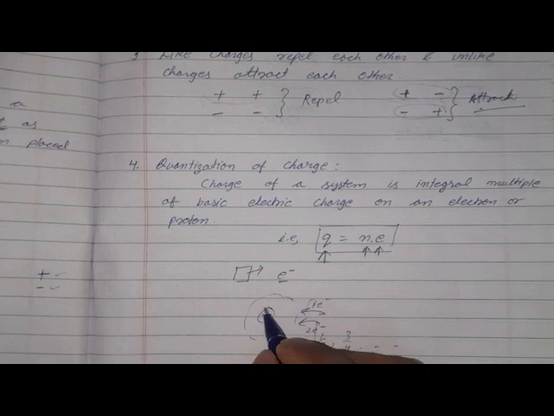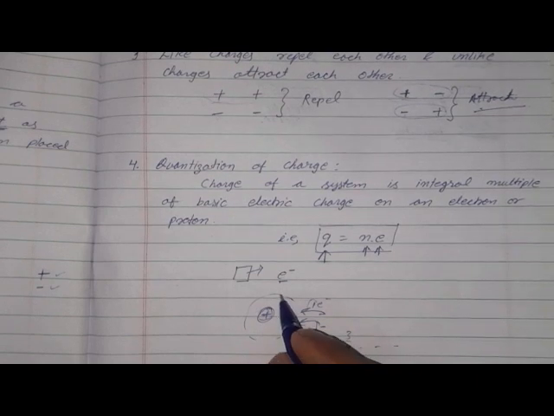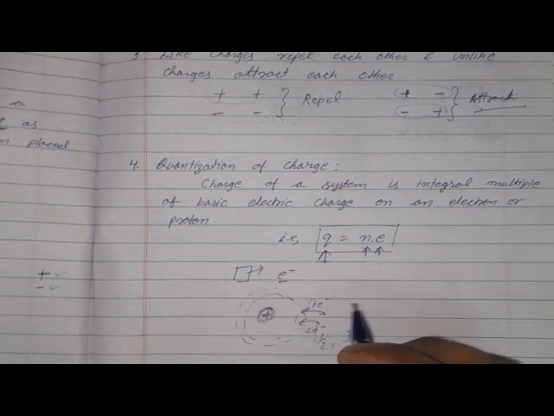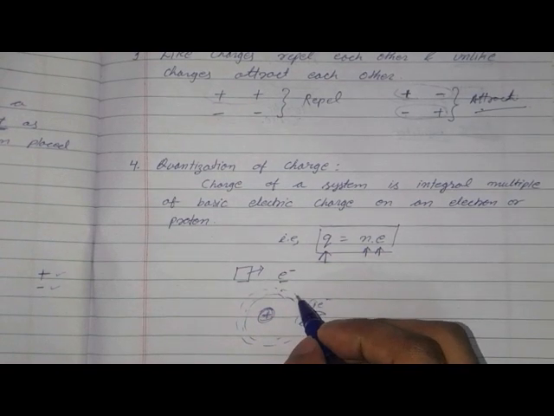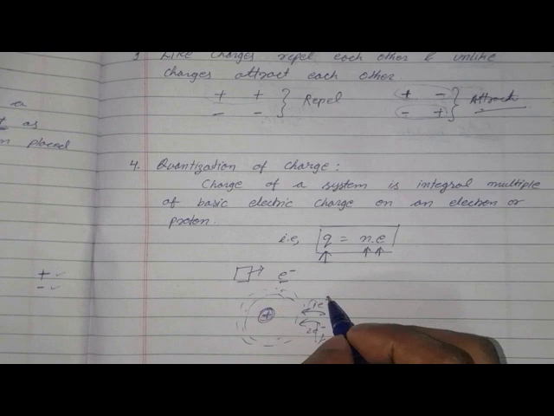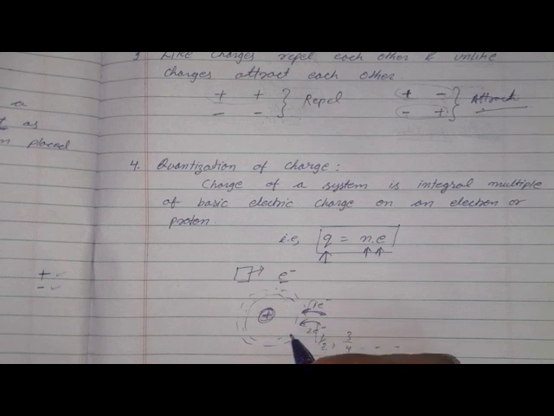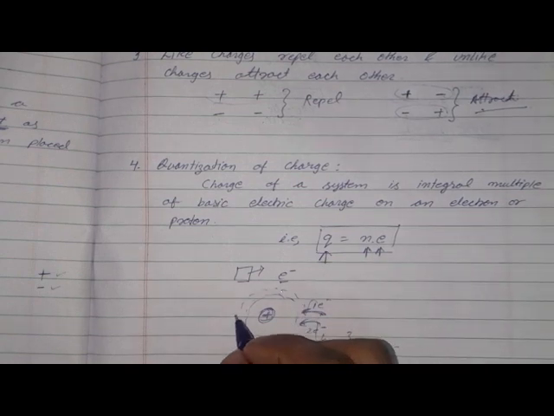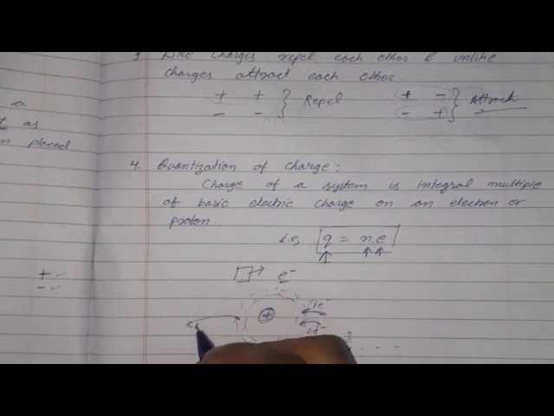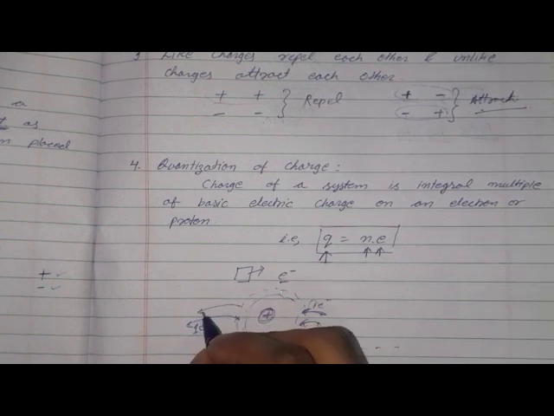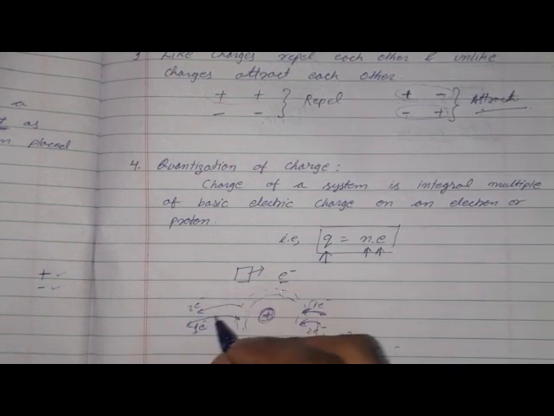For example, you have this nucleus and the shells in which electrons are revolving, and you either take out some electrons or put in some electrons. You will put in one electron or two electrons or any n number of electrons, or similarly you can take out one electron, two electrons, or any n number of electrons.